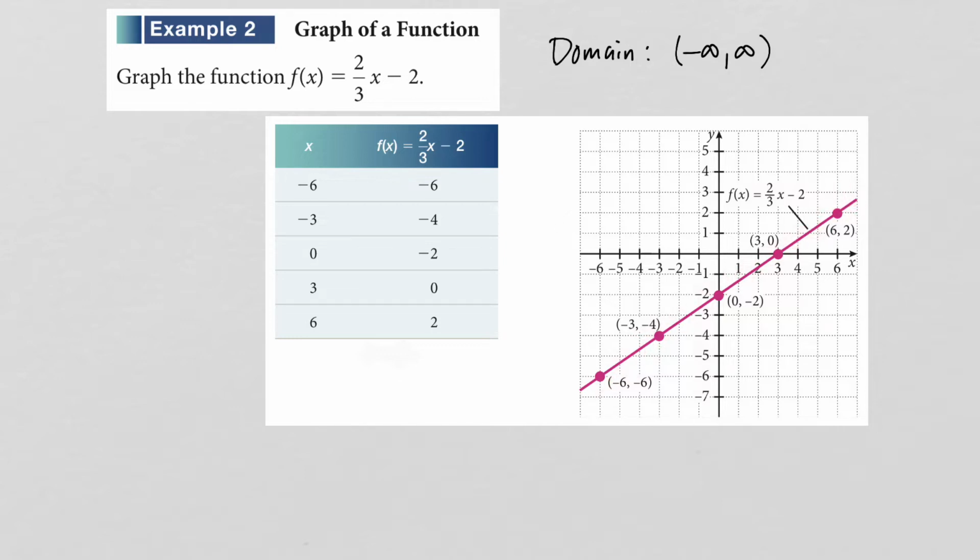So just as a quick example, what if I had chosen x equals 1? If I had chosen x equals 1, f of 1 would have been 2/3 times 1 minus 2. 2/3 times 1 is 2/3. 2/3 take away 2 is -4/3, or -1 and 1/3. That point is somewhere on that line.